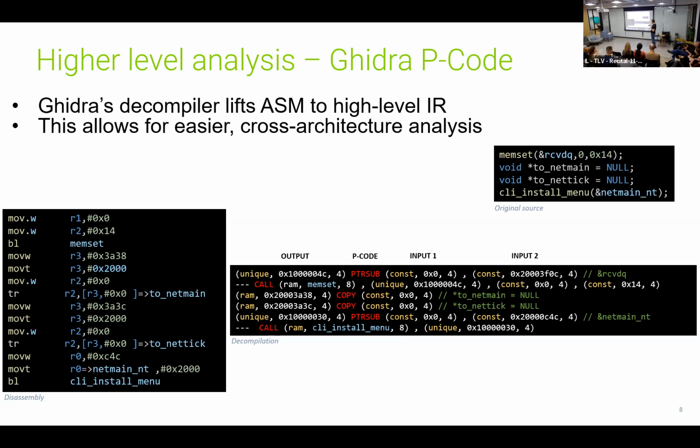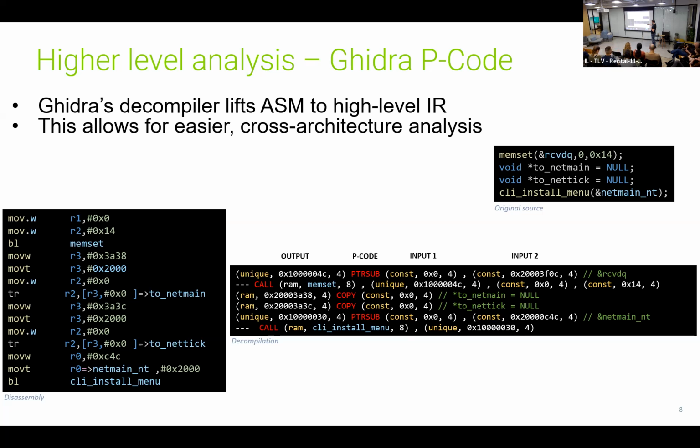Ghidra actually figures it out. So we see these call arguments. They tell you exactly what function is being called, memset. And you can see, for example, that the first input is the output of this P-code, which is just a pointer dereference, and the second input is a constant 0.